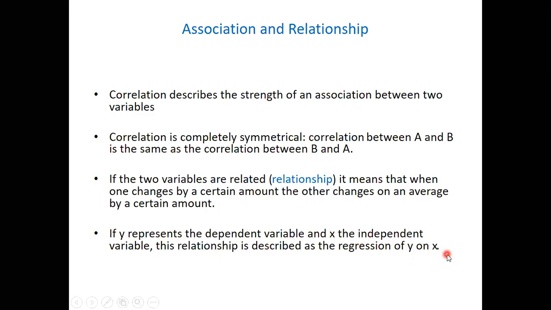So whenever you are looking at two quantitative variables, the first crude way of assessing association is the strength of association, which is correlation. But by the time you want to move further to know if there's a relationship between them, that you can determine the value of one from the other, then you are going to regression.